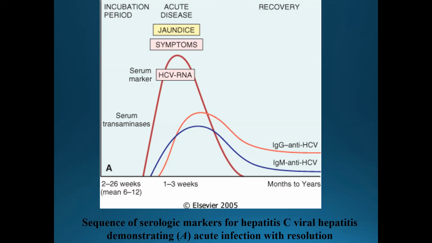In symptomatic acute HCV infection, the anti-HCV antibodies are detected in only 50 to 70% of patients. The clinical course of acute HCV hepatitis is milder than that of HBV. Rare cases may be severe and indistinguishable from HAV or HBV hepatitis.